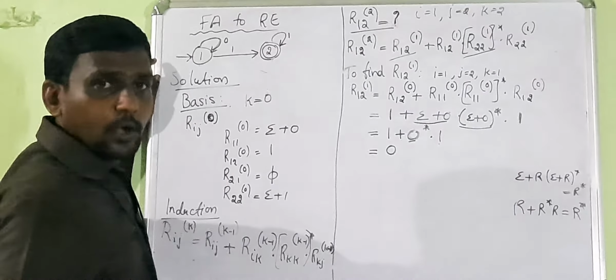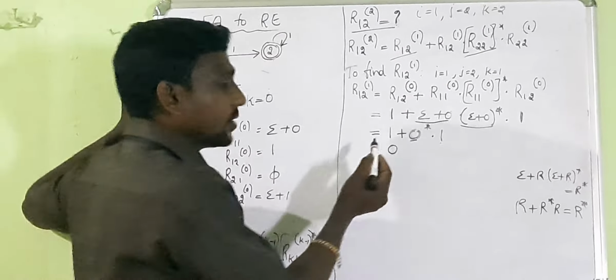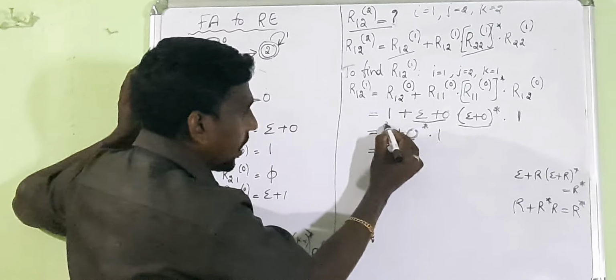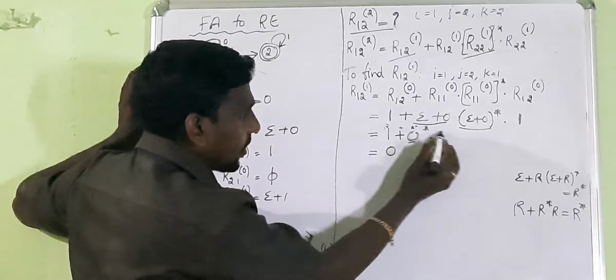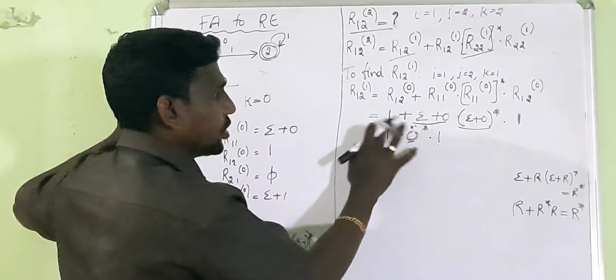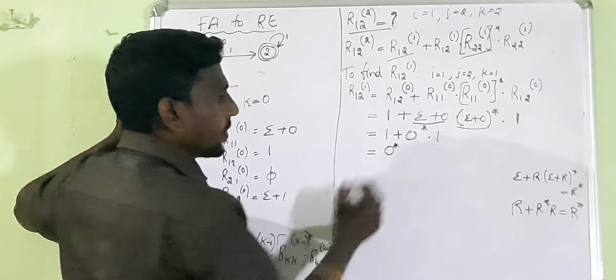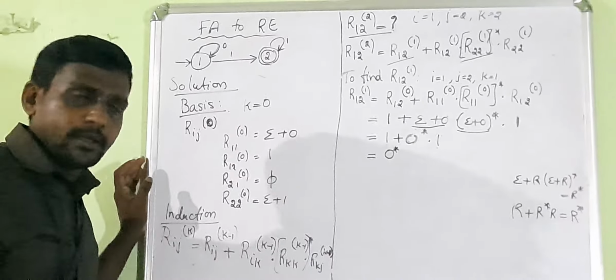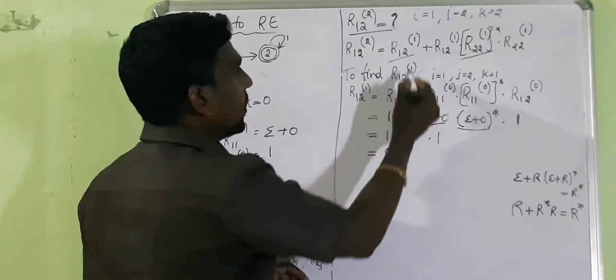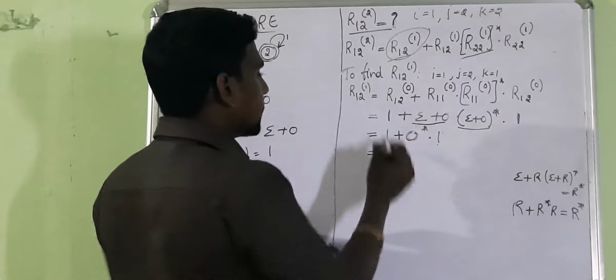Can you get it? How does it come? This minimization rule is applied here. I am assuming R plus R star R equals R star. We have the minimization rule, so R star is 0 star. The answer is 0 star. For this R12 power 1, my answer is 0 star.